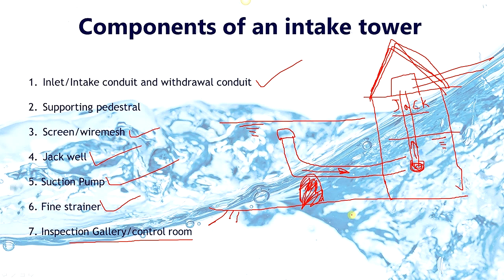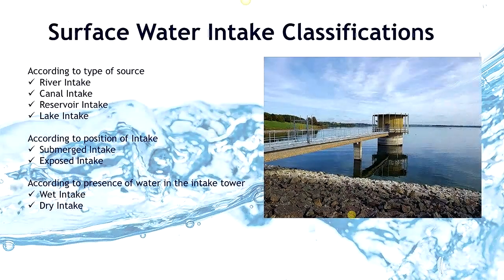Next, we look into the intake classification for surface water according to the type of the source, or you can say the nature of the source. Intakes can be classified as river intake, canal intake, reservoir intake, and lake intake. The river, canal, reservoir or dam, and lake are the main surface sources from which we withdraw water in considerable quantities, right?